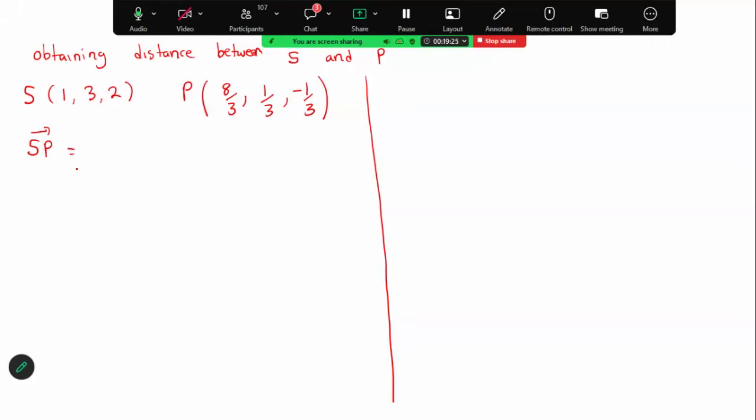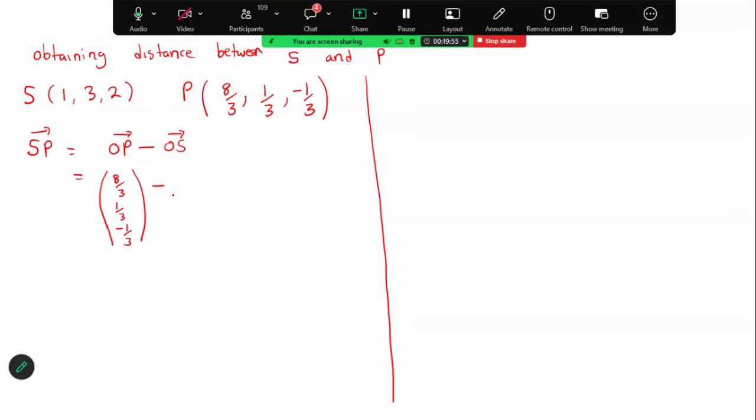There are two ways you can do it, but I'm going to use both approaches, and then you will choose which one you want. So to obtain SP, I can say that SP is the same as our vector O to P minus O to S. But please feel free, since we are going to obtain distance, someone could have said also P minus S. So what is O to P? O to P is 8 over 3, 1 over 3, and negative 1 over 3.